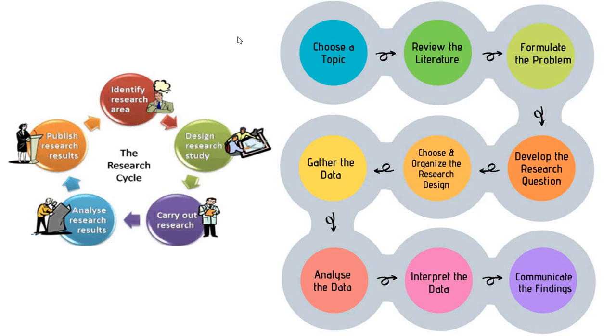Next, collect a number of literature surveys on it. Next, formulate the problem based on the literature survey. Next, develop the research questionnaire for finding the problem. Next, choose and organize the research design based on the research process and research methodologies.